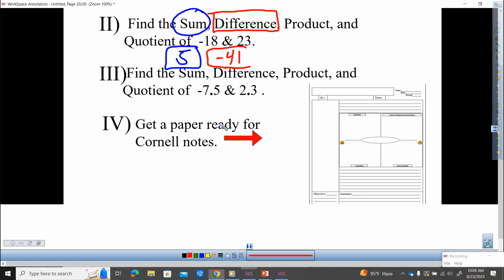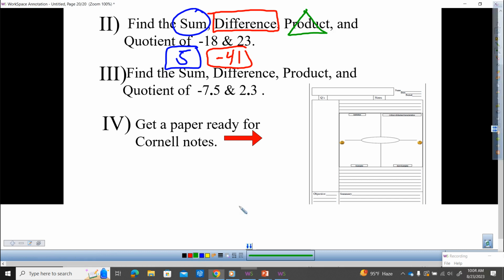All right. Next. Oh, sorry. Forgot to let it go. In green, I'm going to use green for the product.